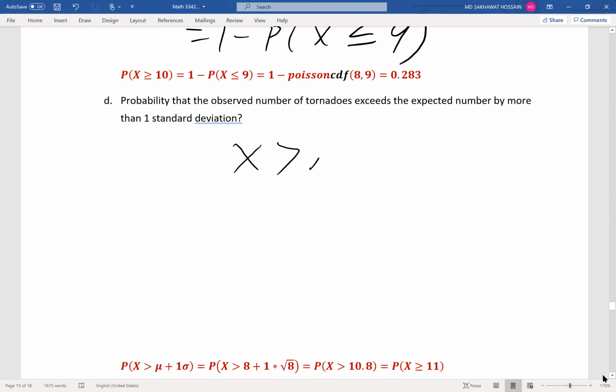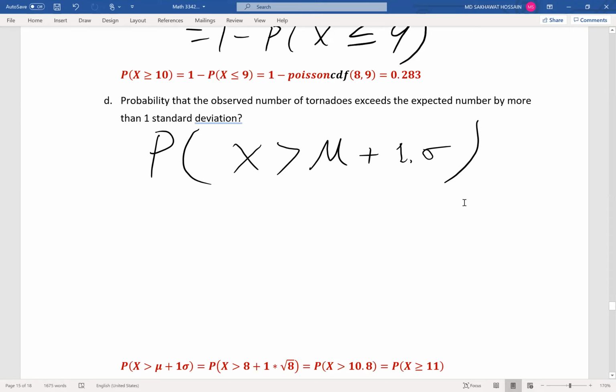Expected number means mu, plus more than 1 standard deviation. More than one standard deviation means 1 times the standard deviation sigma. So that means we are looking for this probability. Is it clear, or do you have any question?